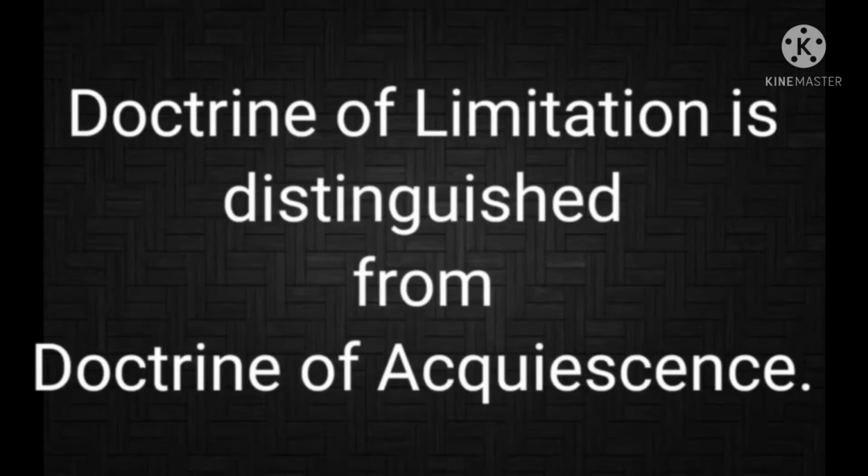This is the proper sense of the word acquiescence. Acquiescence may be direct and indirect. This is the difference: the doctrine of limitation prescribes the period, whereas the doctrine of acquiescence is just to be silent and let the other proceed.